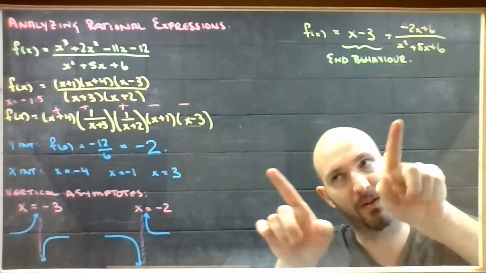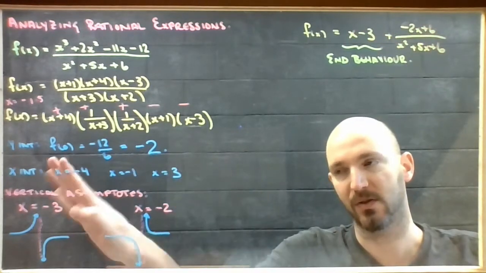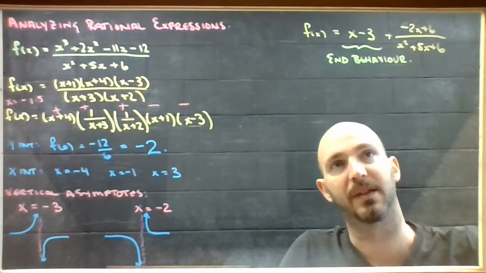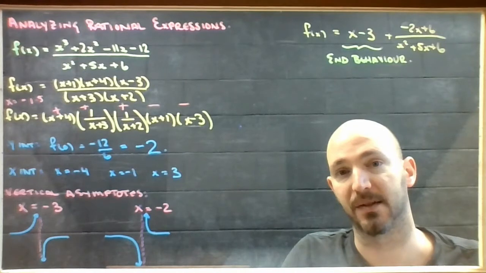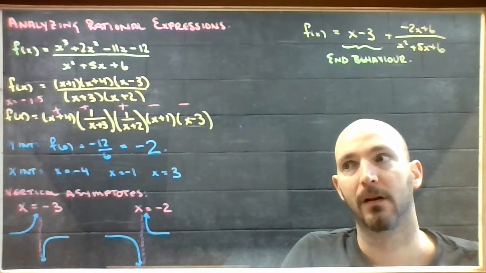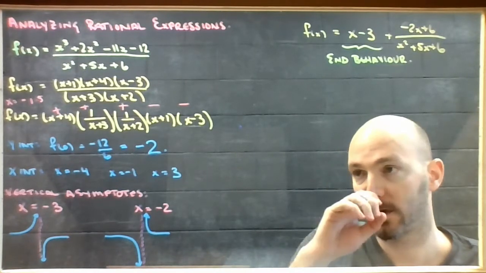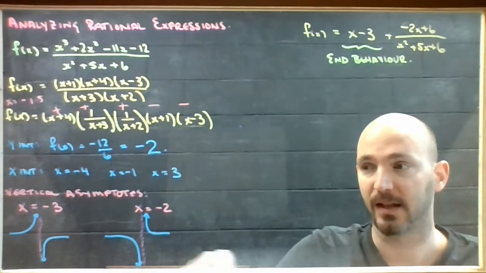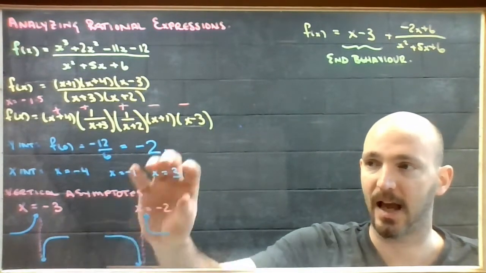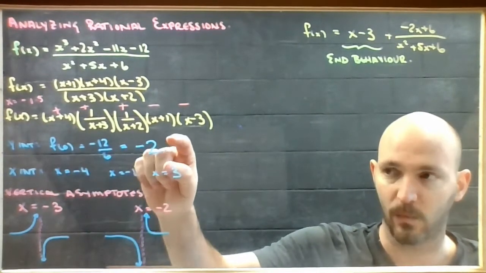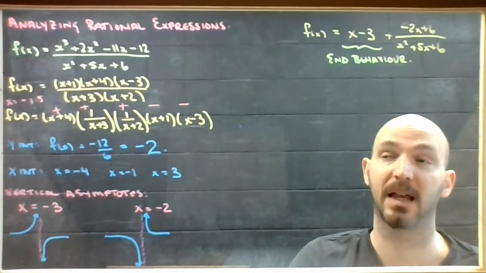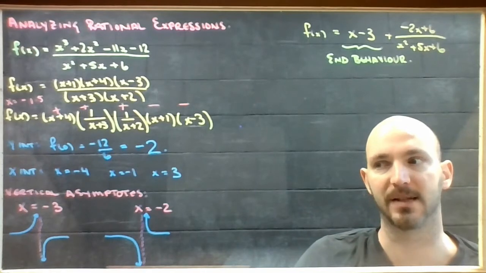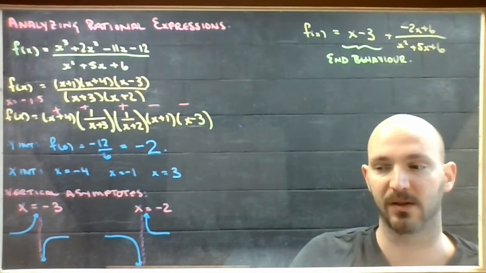So when I get out to the extreme ends, either to the extreme left or the extreme right, then I start to have a function that looks like x minus 3. So now that I know what it's doing at the edges, and I know where it crosses the x-axis, and I know where it crosses the y-axis, and I know where it has vertical asymptotes, the only thing left to do is to assemble all of these features into a single graph.